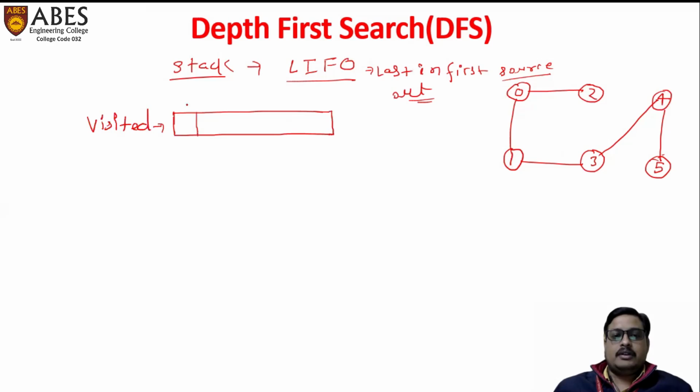So we will have 0 to 5, that is 6 vertices for this.